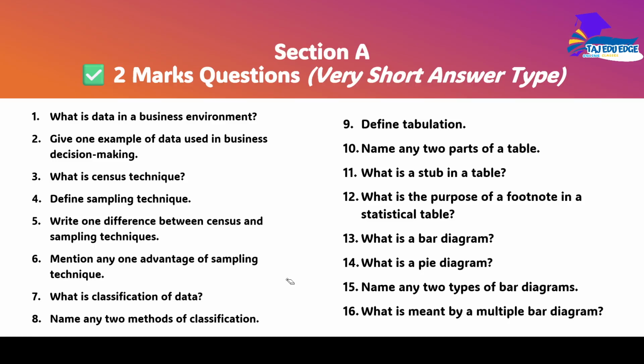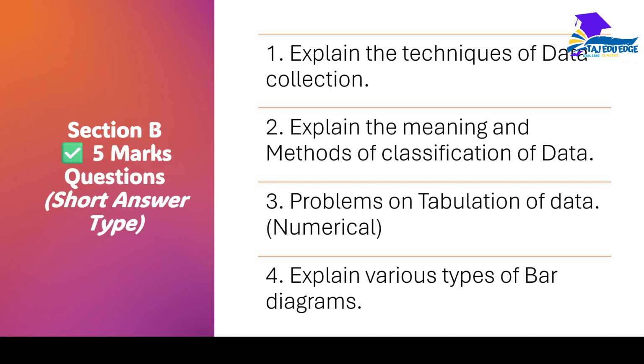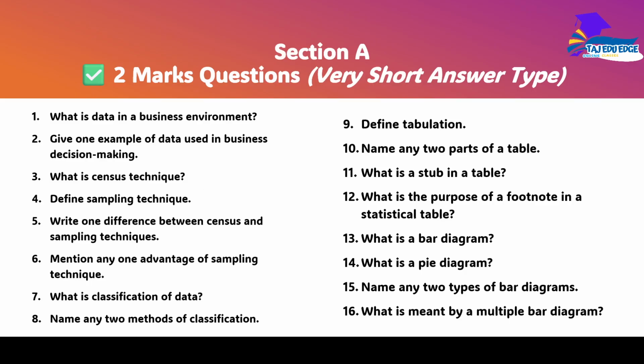Question 2, give one example of data used in business decision. Question 3, what is census technique? Question 4, define sampling technique. Question 5, write one difference between census and sampling technique.